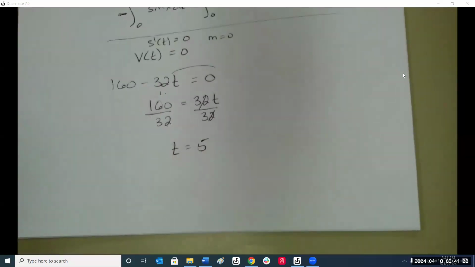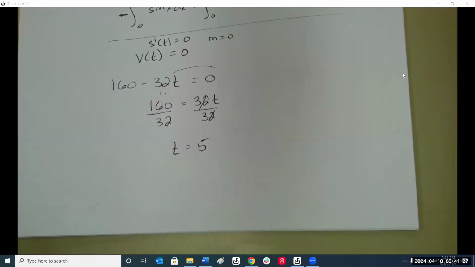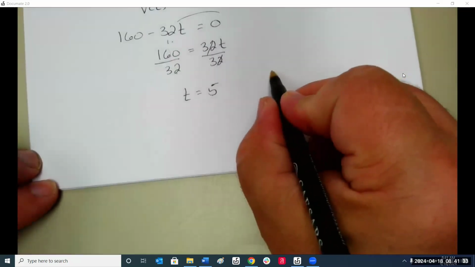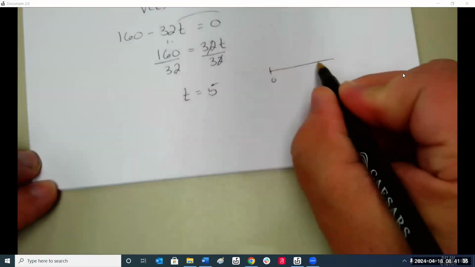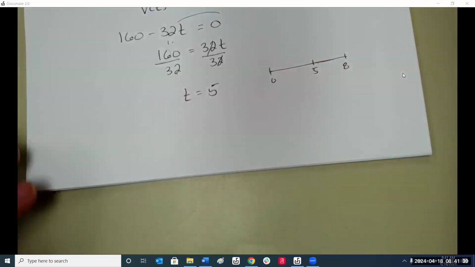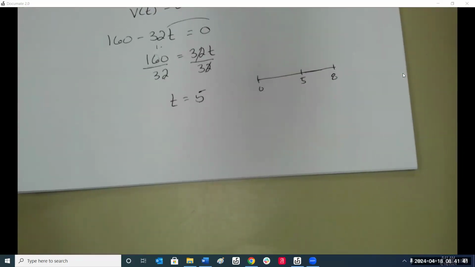So it's 32. So we know that in our interval, we have to go from 0 to 5 and then 5 to 8. Those will be our two different intervals we'll integrate by.